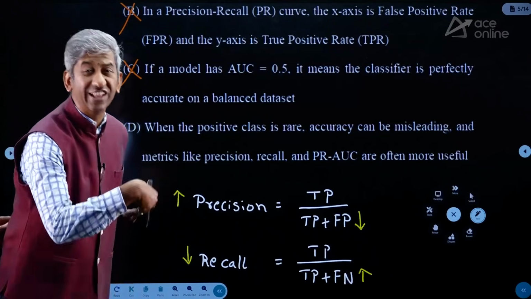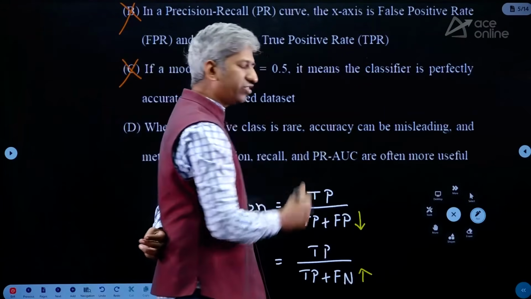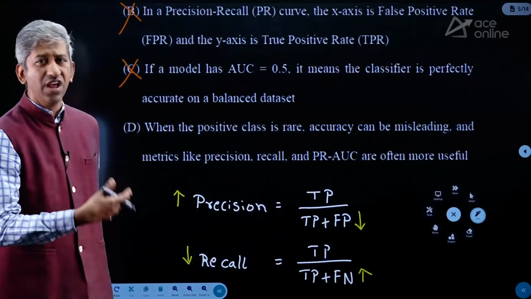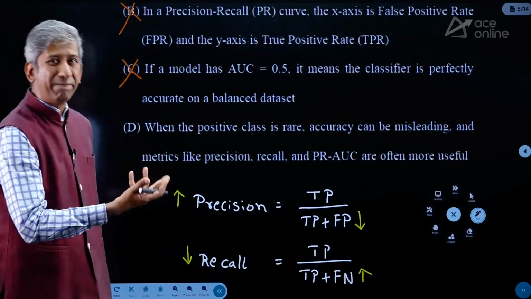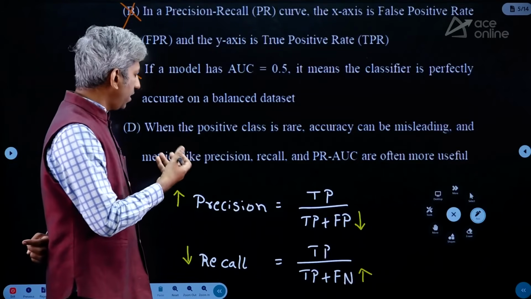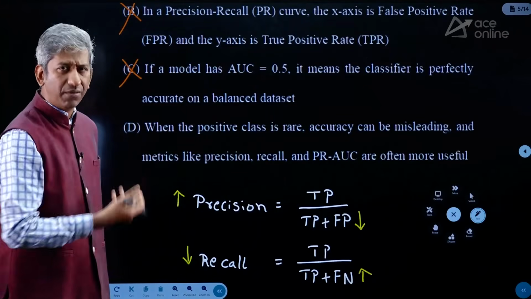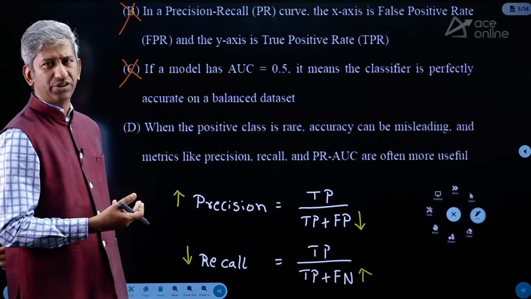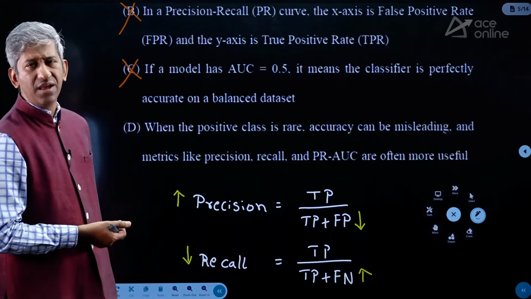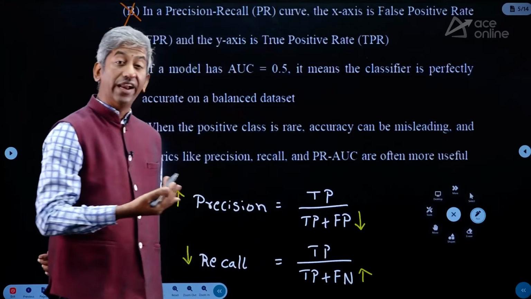Precision, recall and the combination of precision and recall like F1 score, and even precision and recall area under the curve, give better performance visualization, and they are considered better evaluation metrics than accuracy and error rate.